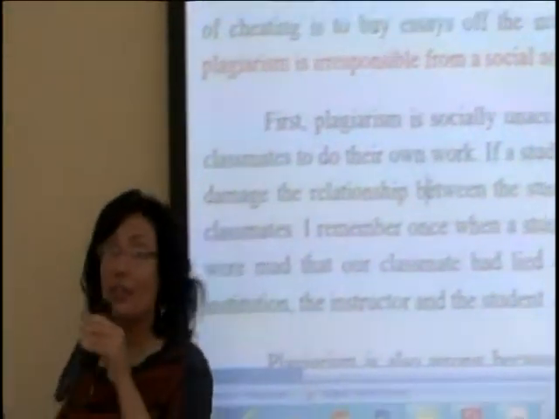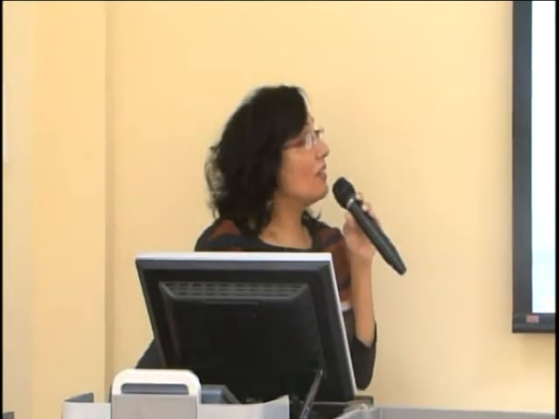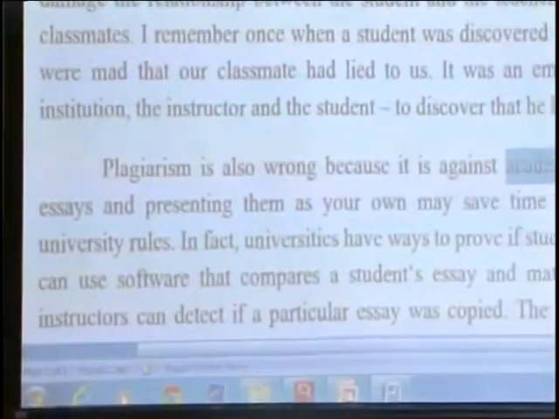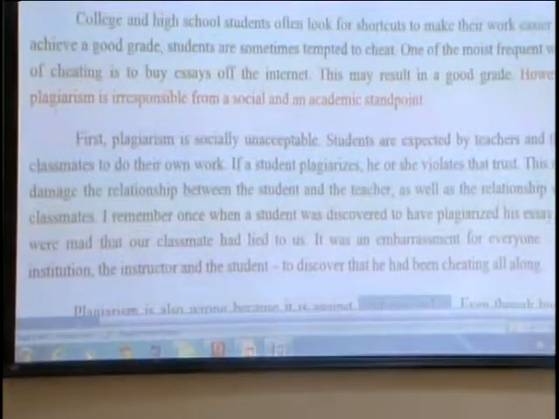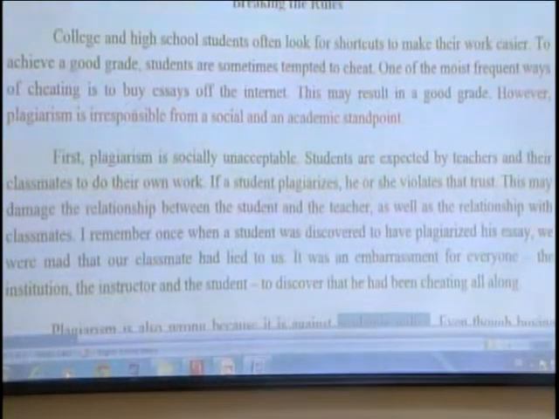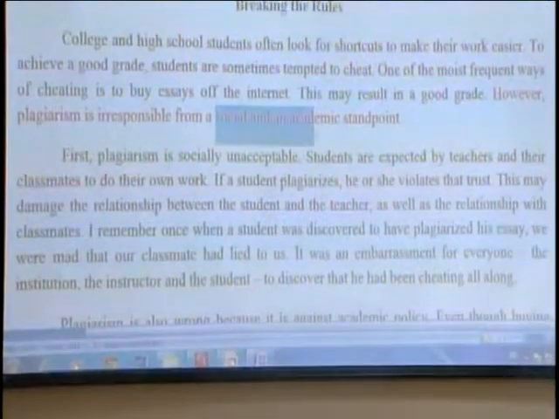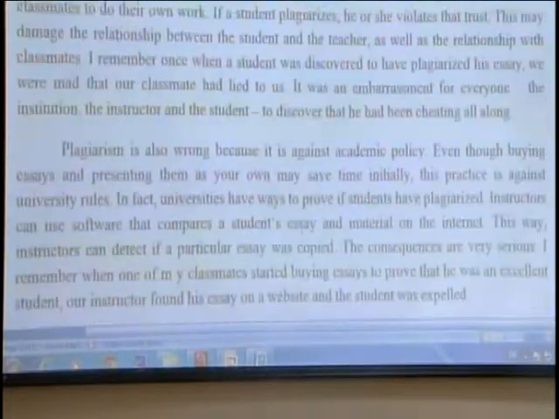Talking about what? That plagiarism is academically wrong. Look at the thesis statement again. However, plagiarism is irresponsible from a social and academic point of view.